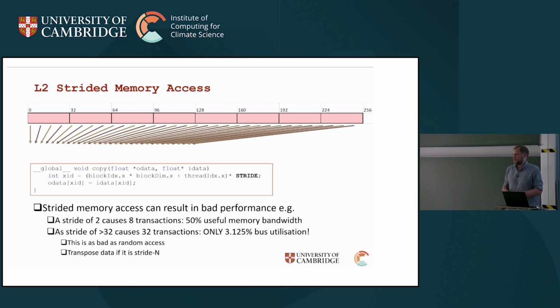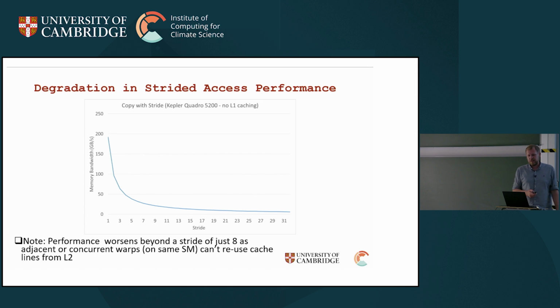The best thing to do is profile it to understand. But it's pretty typical that GPU-accelerated BLAS libraries would recommend doing a transpose first. Okay. And there's a nice graph that highlights what I've said. You can see that the drop-off is quite severe, showing the impact of stride versus memory bandwidth.